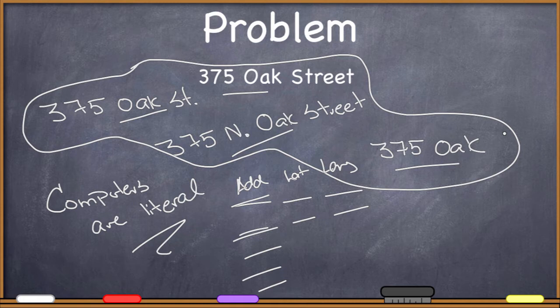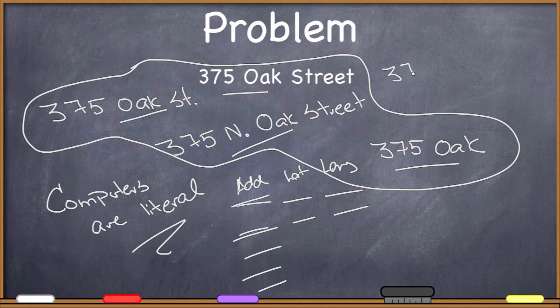So we've got to come up with some way for the computer to not be so sensitive about the way that the address is written. We want the computer to be able to receive this address and then get you to the right place, at least the vast majority of the time. And to compound the problem, sometimes people may make errors and general mistakes about where they're supposed to go.